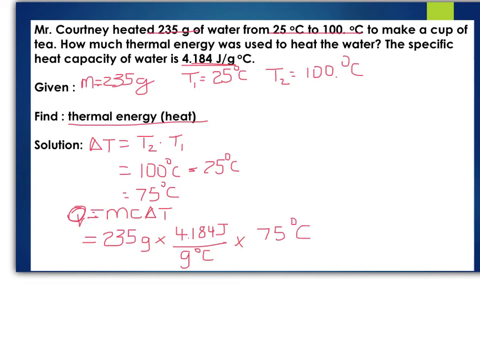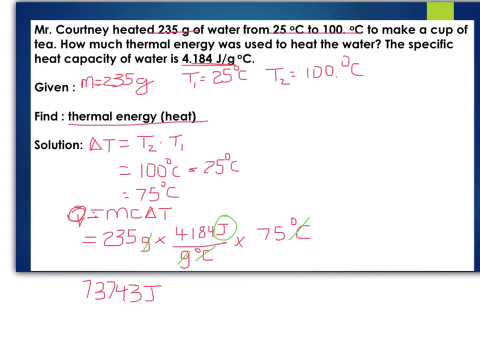And again, if we look at the units, grams cancel with grams, Celsius cancels with Celsius, so all we're left with is joules. So when we multiply this out, we get 73,743 joules. So that's what you should get. If you didn't get that, then double check your calculation.